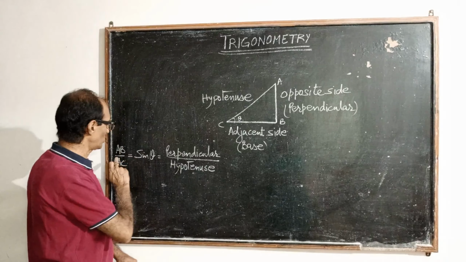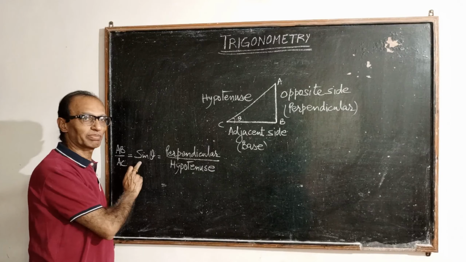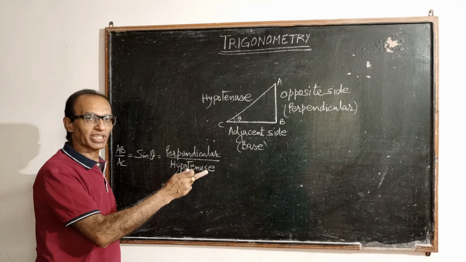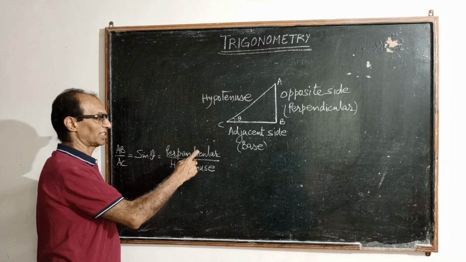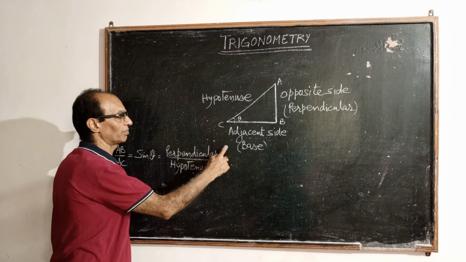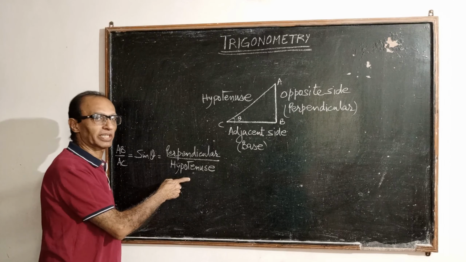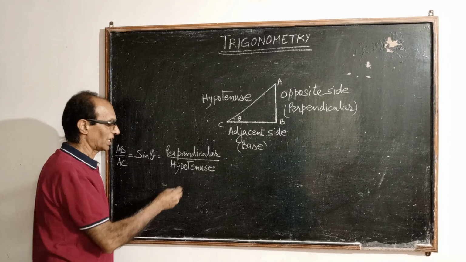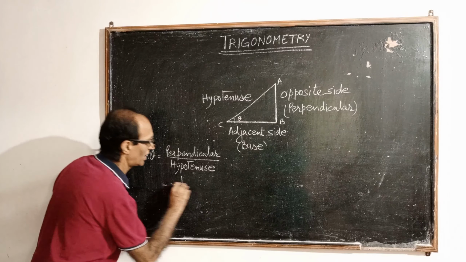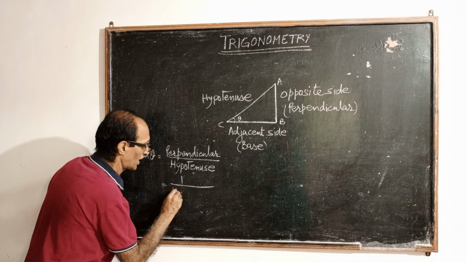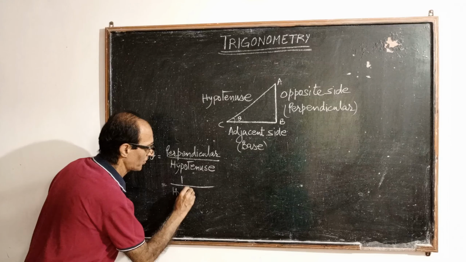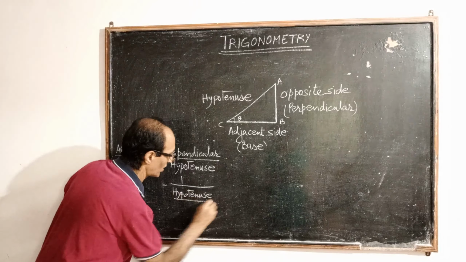Then you were asked to work out that relationship between the sine theta and cosecant theta, and I had mentioned that you take this perpendicular from numerator to the denominator of denominator, and then what do we get? We get 1 upon hypotenuse upon perpendicular.